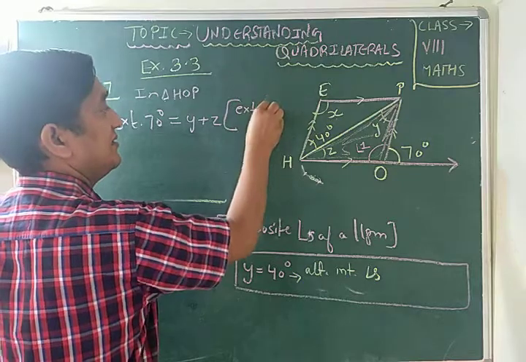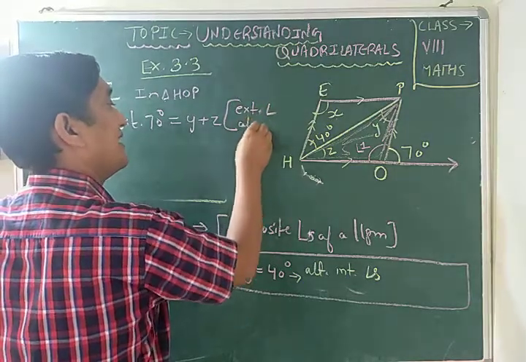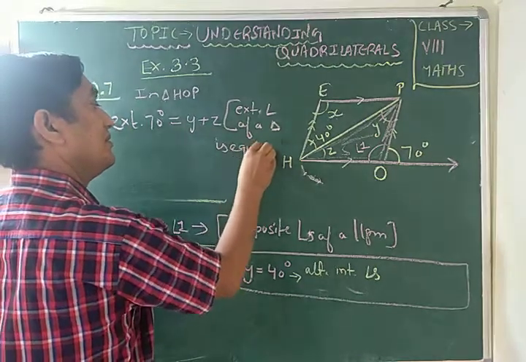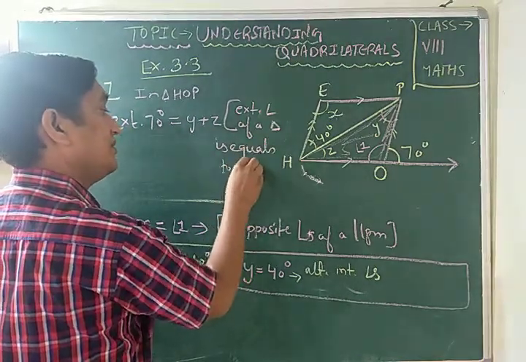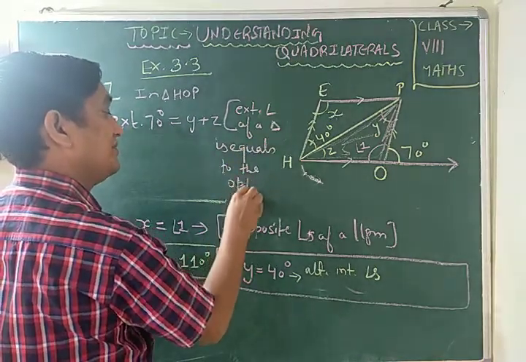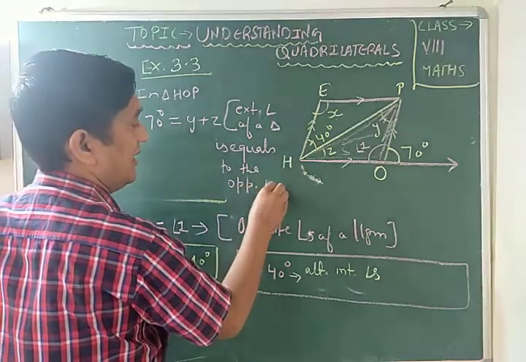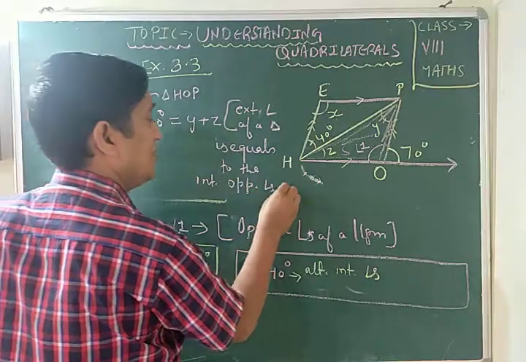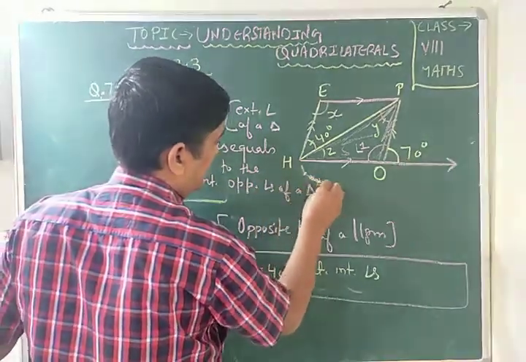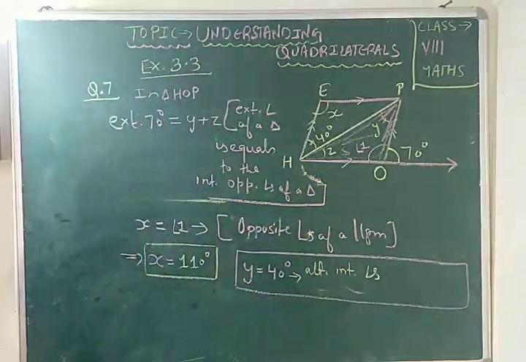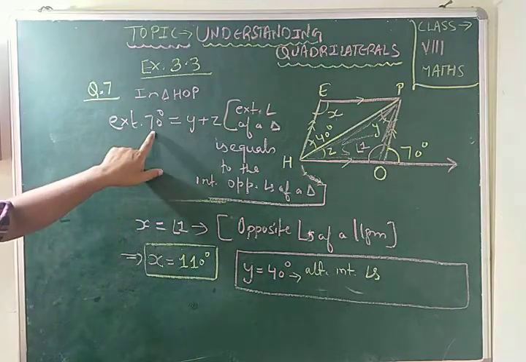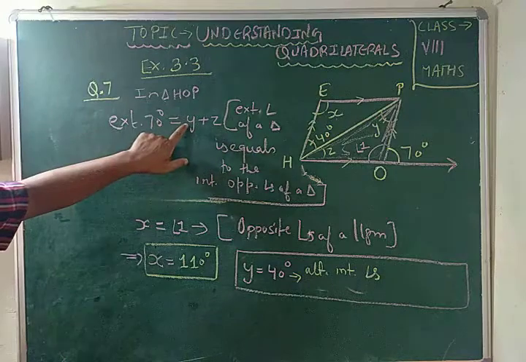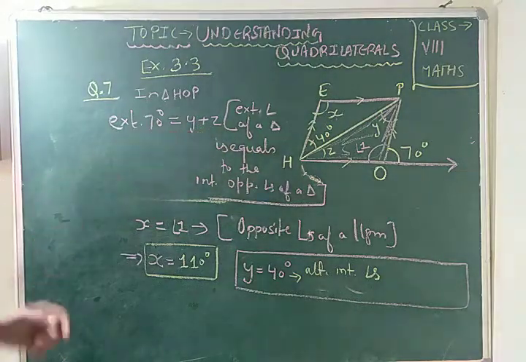Exterior angle of a triangle is equal to the sum of the interior opposite angles of a triangle. This is the concept. Exterior angle of a triangle is equal to the sum of interior opposite angles.